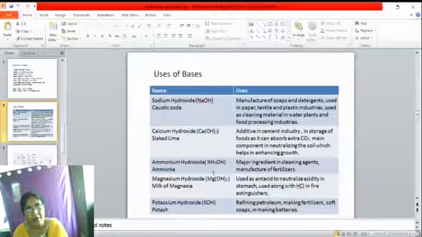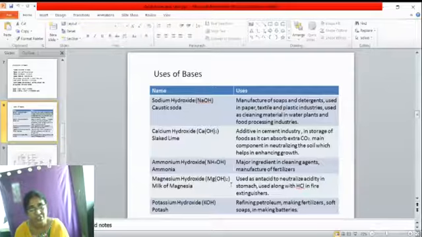Next comes ammonium hydroxide. This ammonium hydroxide is used as a cleaning agent and in the manufacture of fertilizers. Then comes magnesium hydroxide, also called milk of magnesia, used as an antacid to neutralize acidity in the stomach, and used along with HCl, hydrochloric acid, in fire extinguishers.